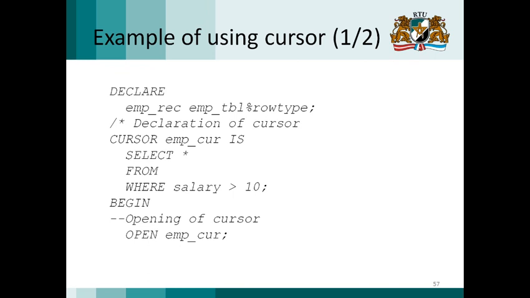And there is an example of using a cursor. In this case, we have an employee record that is the row type of the employee table.